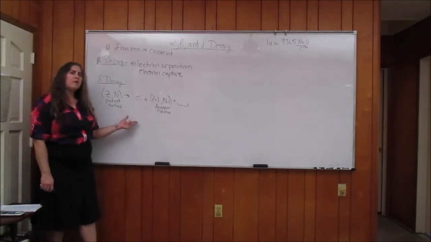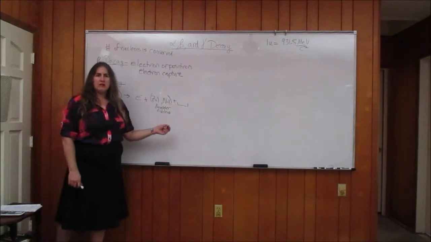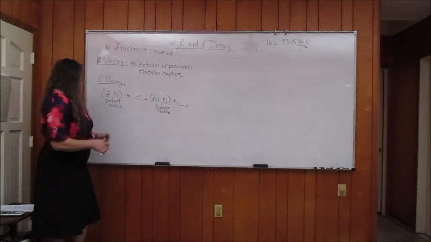What are the conditions or condition for beta decay to occur? Just as before, it's got to be the case that the amount of kinetic energy released has to be positive.